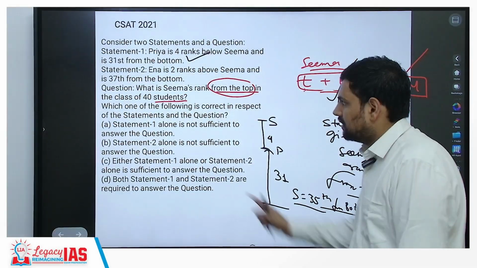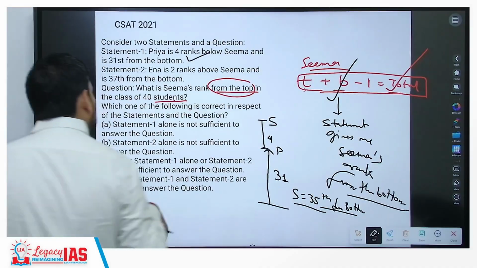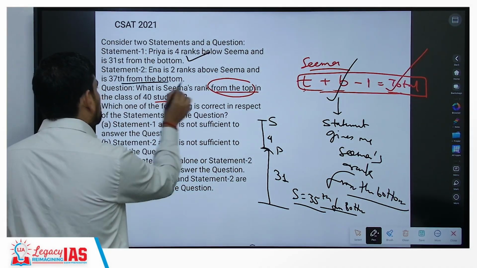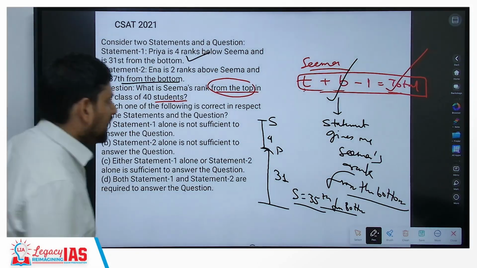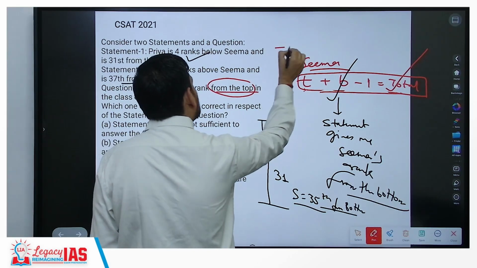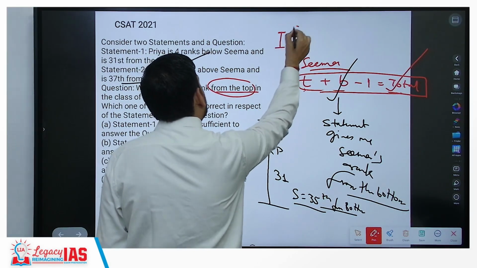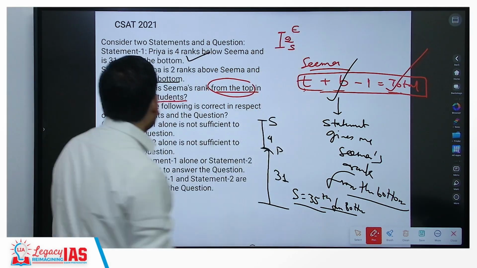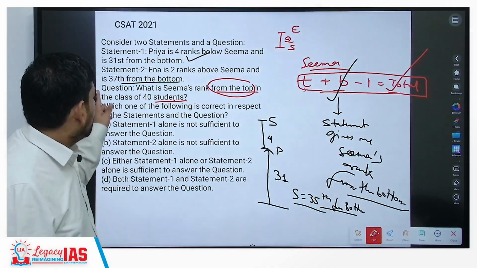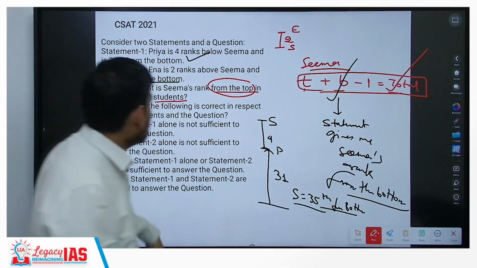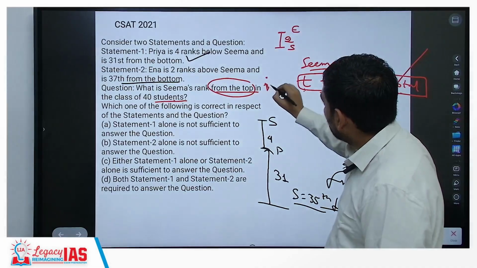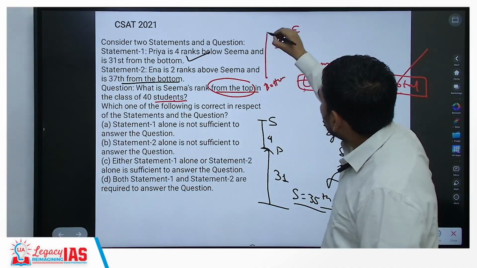Then next, statement 2: Anna is 2 ranks above Seema, who is 37th from the bottom. Now the next statement is about Anna. So this is Seema, and Anna is 2 ranks above Seema, and Anna's ranking from the bottom is given to you: she is 37th from the bottom.